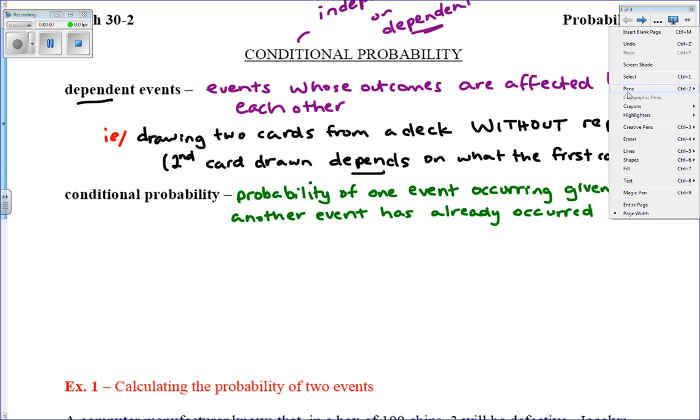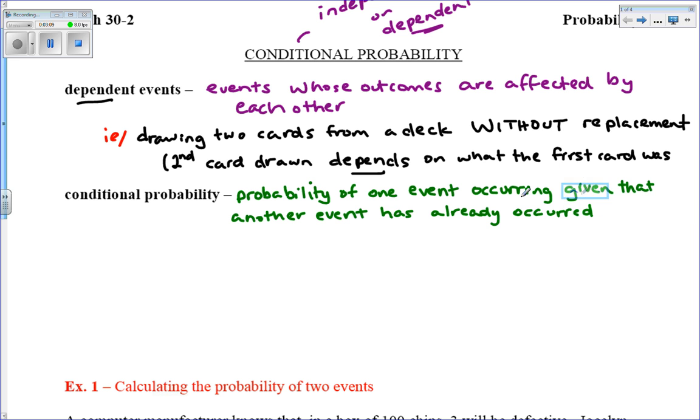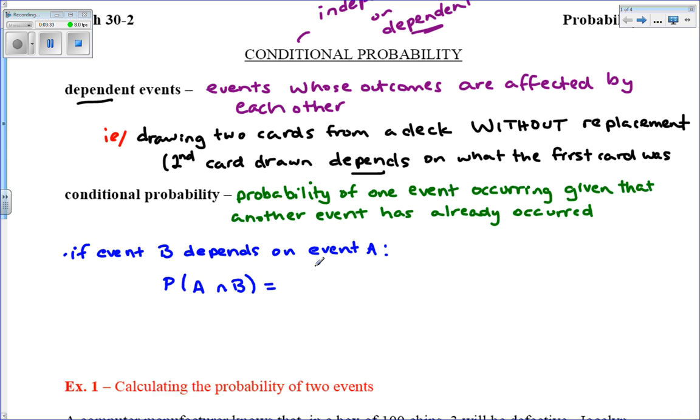And so then we have a formula for this. If event B depends on event A, then you're going to use this formula. The probability of A and B occurring is equal to the probability of A occurring times the probability of B occurring given that A has already occurred.